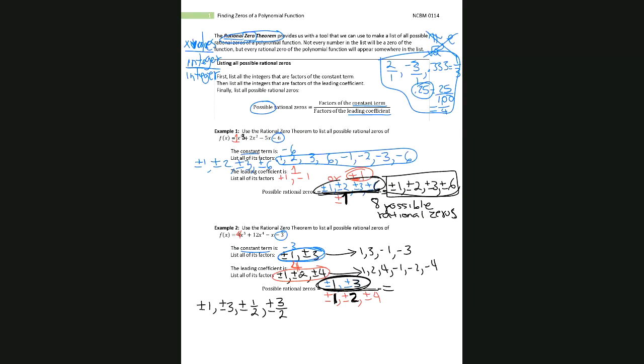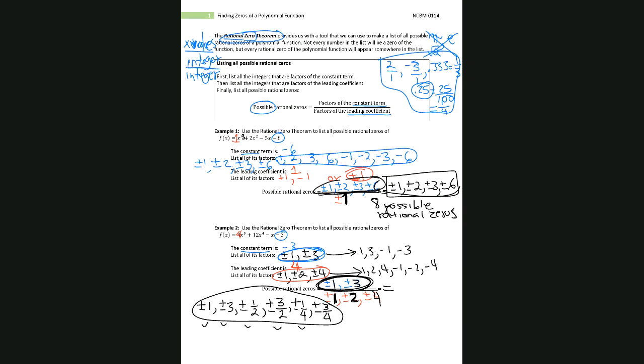Now we have to do the same with the 4. So we're going to take 1 and 3, divide by 4. So we get plus minus 1/4, plus minus 3/4. And remember, we have to have the positive and the negative combination. So from here, we have many possibilities. We have 1, 2, 3, 4, 5, 6.